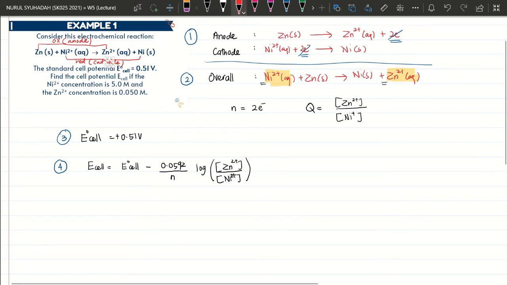Once we have written down the equation correctly, next is to substitute all the values to find the value of E cell.